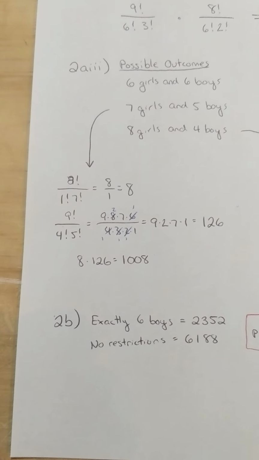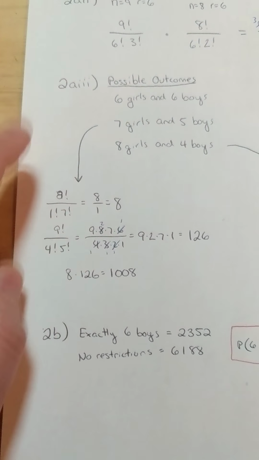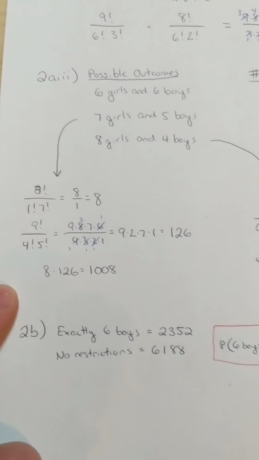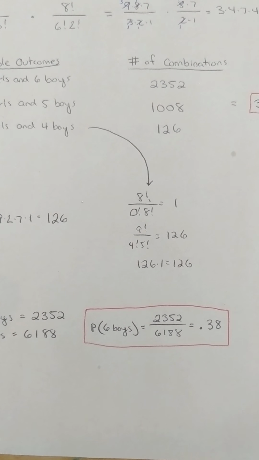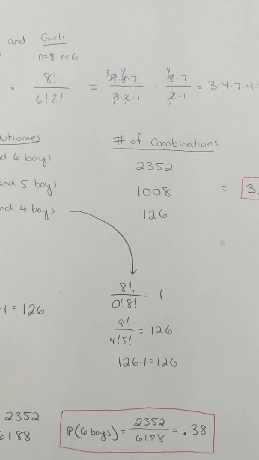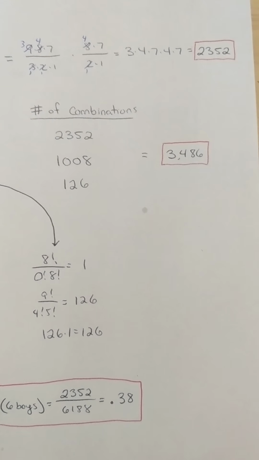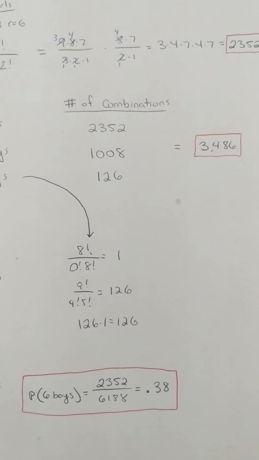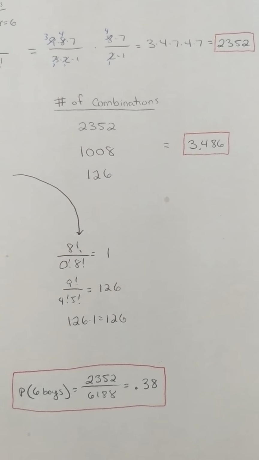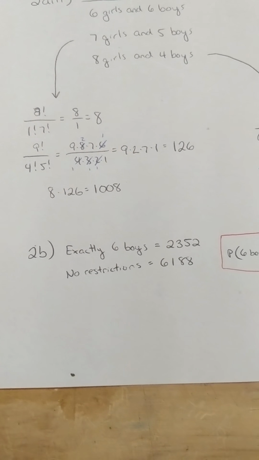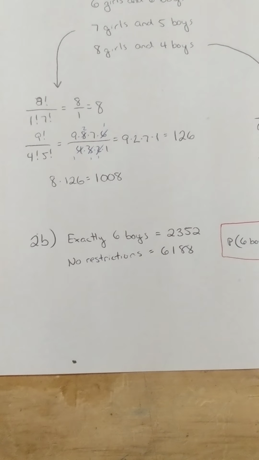So I did the math for the 6 boys and 6 girls up above. The 7 girls and 5 boys is right here. And the 8 girls and 4 boys is right there. So I have those 3 different numbers of combinations, and they all add together because I'm good with one or the other or the third. So that's 3,486.